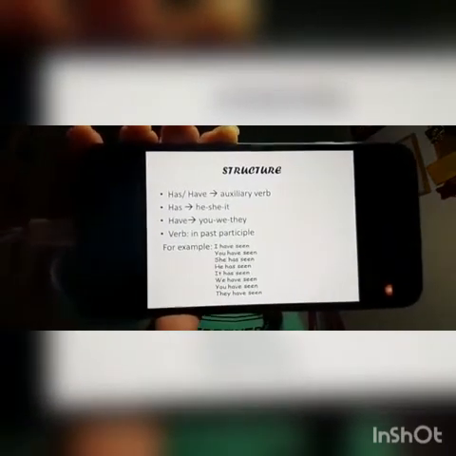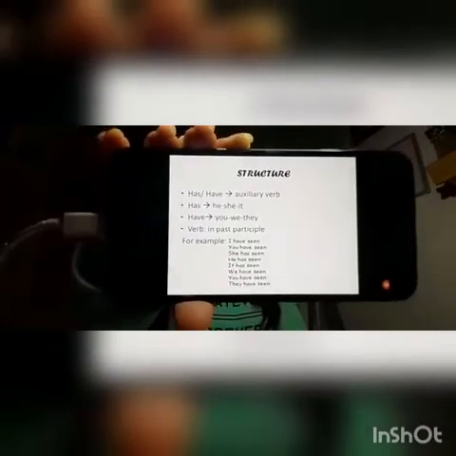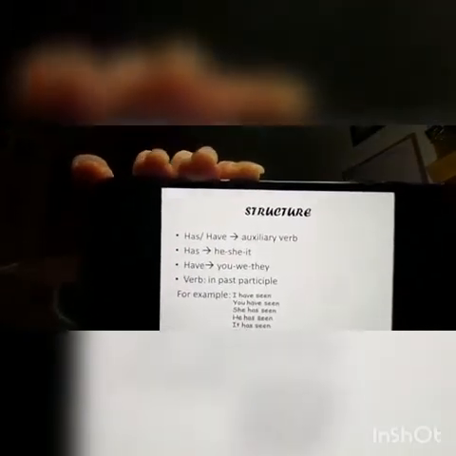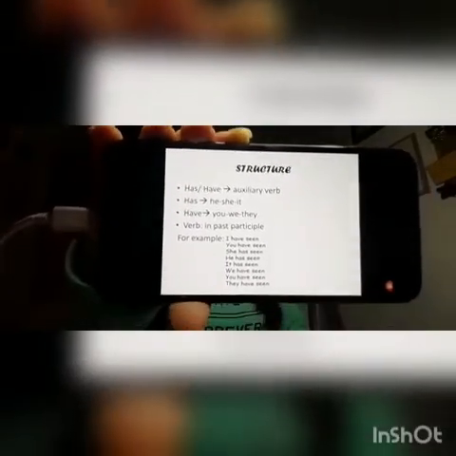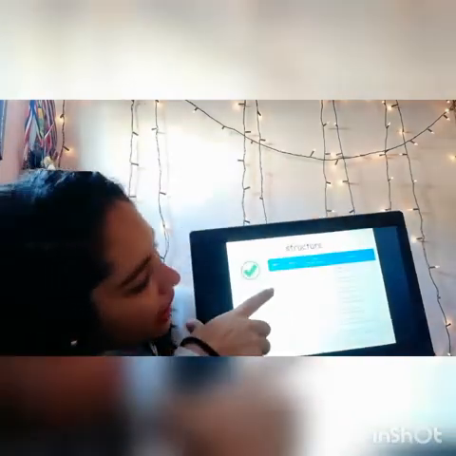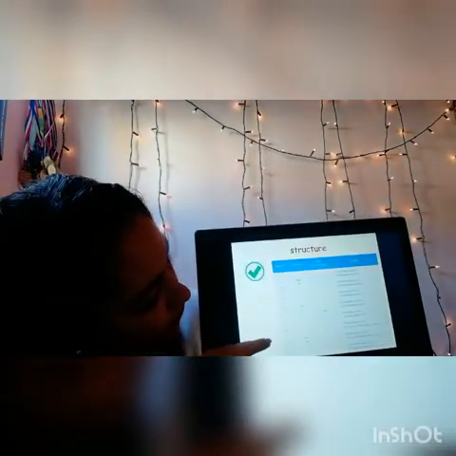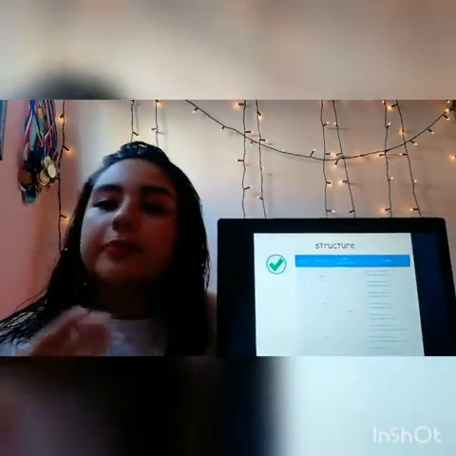But you wonder what has or have means as an irregular verb. This has a relation to the verb have, and depending on the pronoun, it is how it is going to be conjugated. For the positive sentence, the present perfect structure is subject, I, you, he, she, it, we, you, they, auxiliary verb, has or have, and finally verb in past participle.